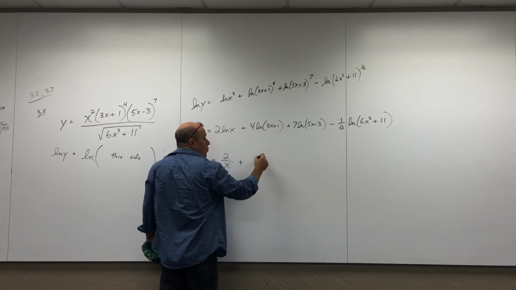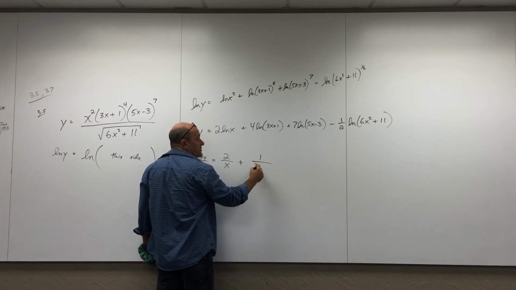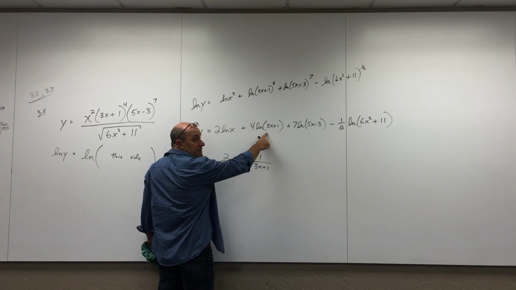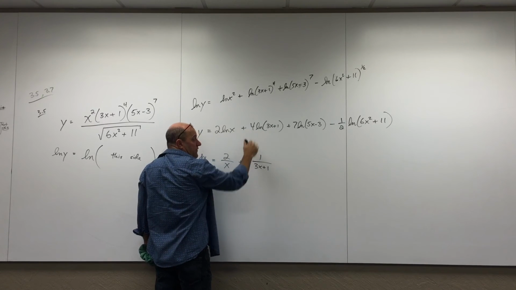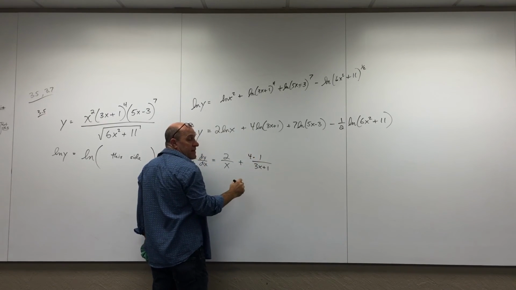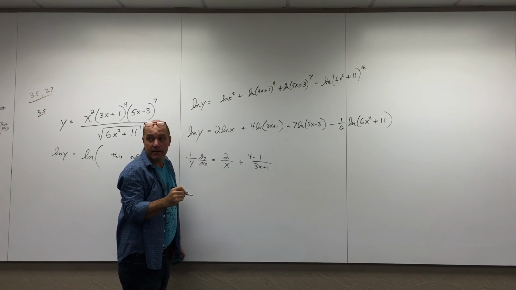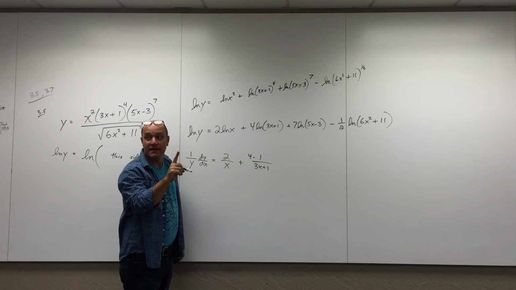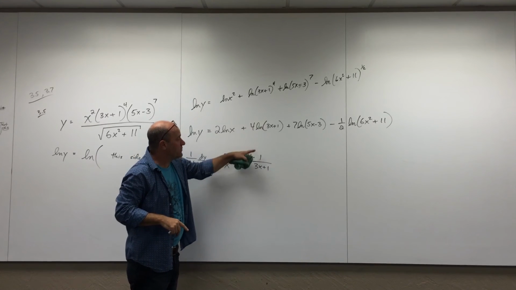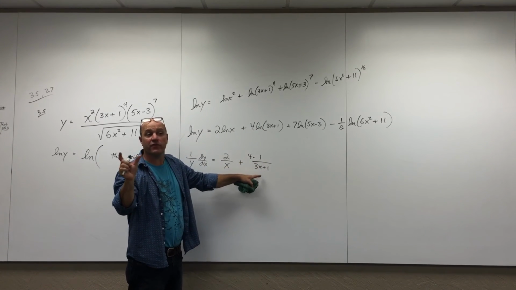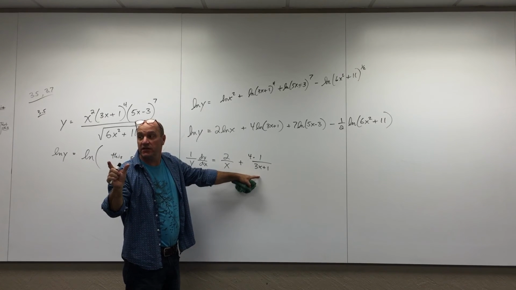What's this? 1 over 3x plus 1? That's how you do it, right? But there's a 4 in front, so there's a 4 multiplied by that. And the chain rule says, after you do the log rule, 1 over 3x plus 1, you should do the little derivative of the 3x plus 1, which is 3.